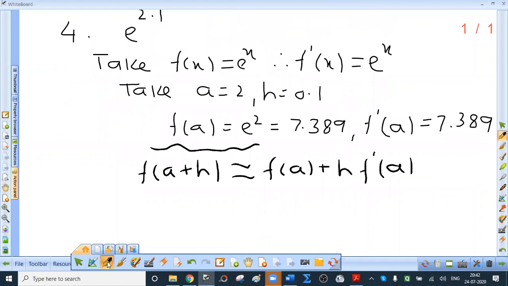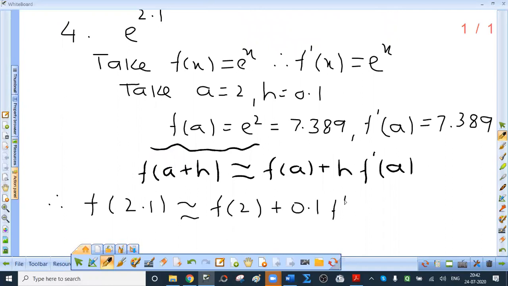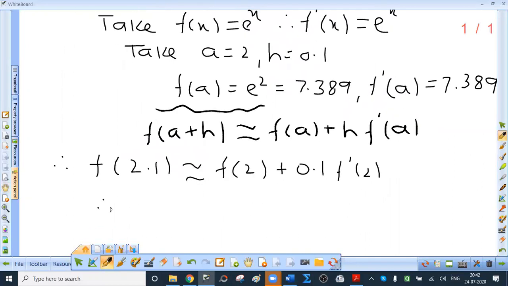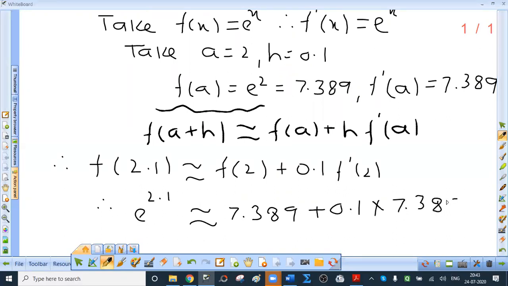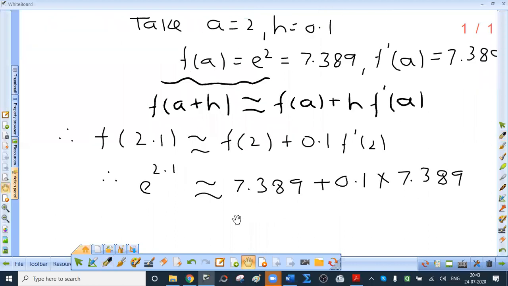Now I can say f of 2.1 is approximately f2 plus 0.1 f dash of 2. Substitute the values. So e raised to 2.1 is approximately 7.389 plus 0.1 into 7.389.